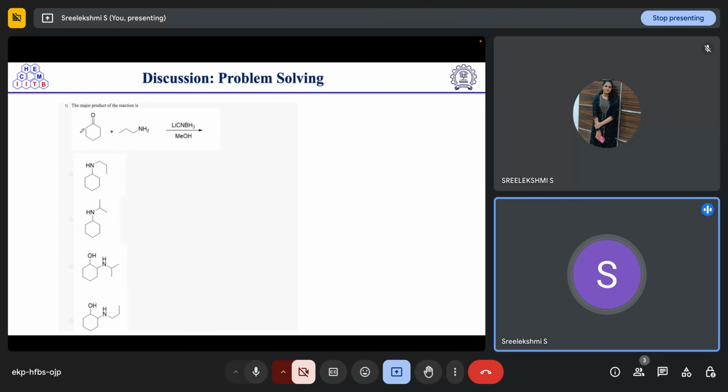Here this ketone is getting treated with this amine using LiCNBH3 and methanol, which will be the major product?